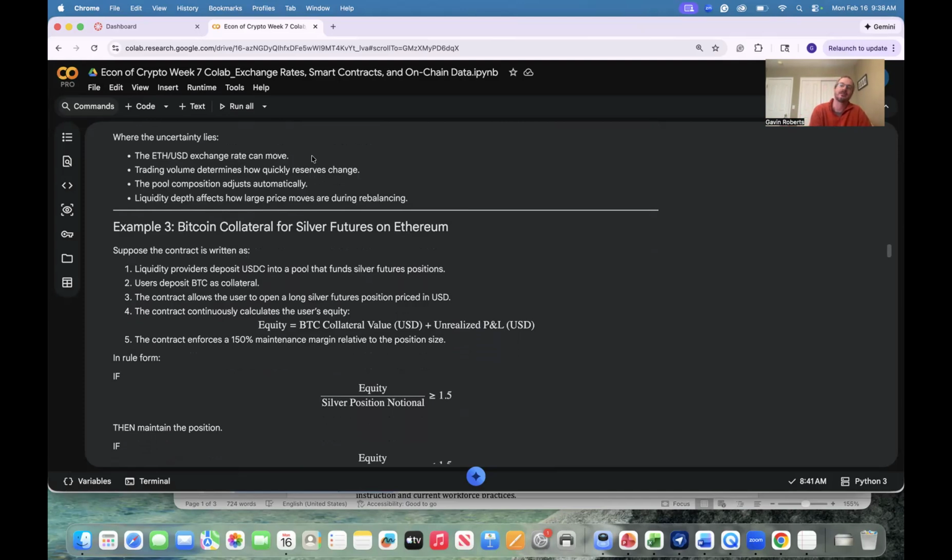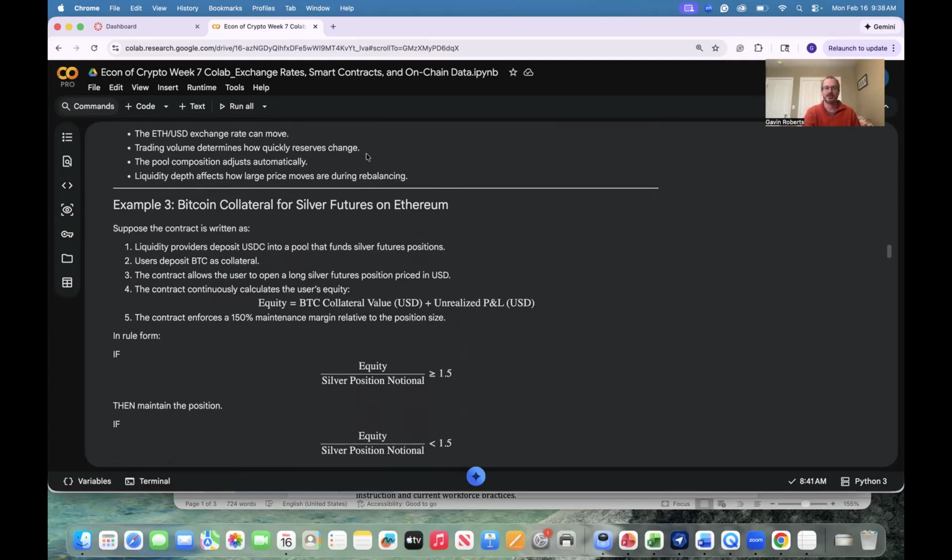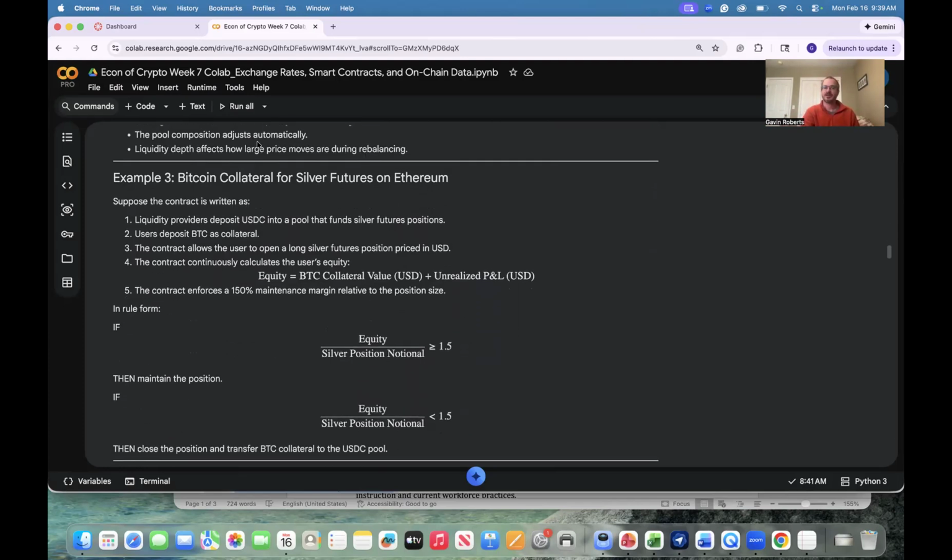This is what leads to uncertainty for these liquidity providers. Trading volume determines how quickly reserves change. So if a lot of people are trading, this could happen instantly, but if it's only a few people, it could take a really long time. The pool composition adjusts automatically based on the rules set in the smart contract.